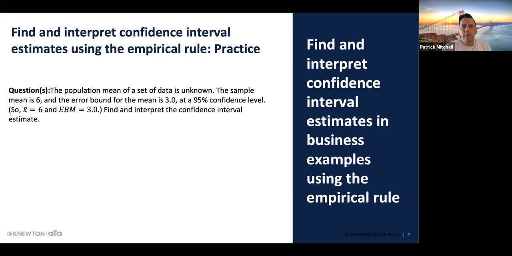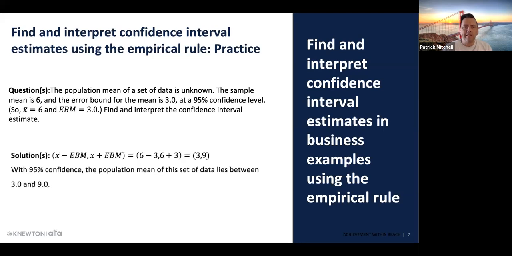In the meantime, once you have the sample mean and you have the error bound for the mean, you just add and subtract that error bound to the mean. So remember earlier, the format of a confidence interval is x bar minus the error bound up to x bar plus the error bound. So in this case, that would be 6 minus 3 up to 6 plus 3.